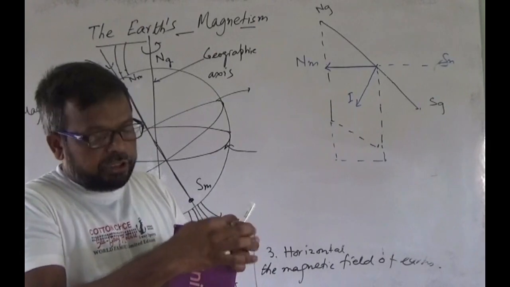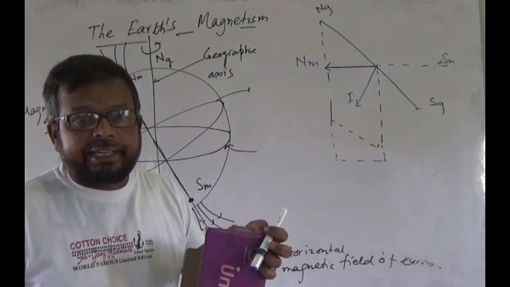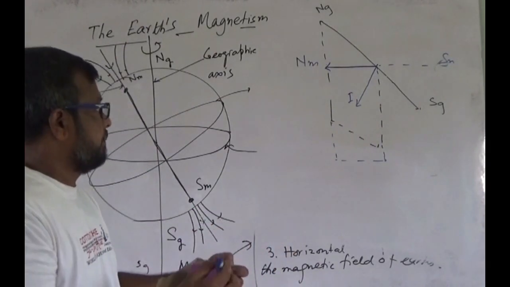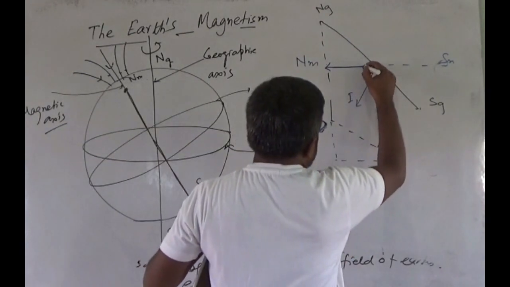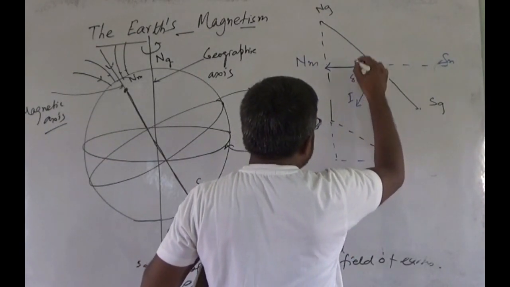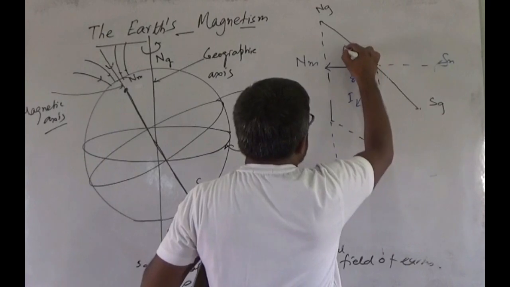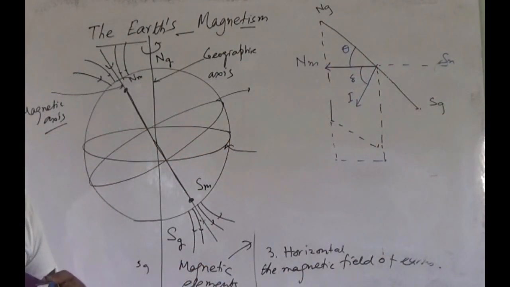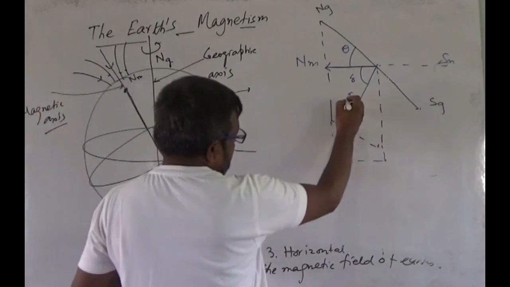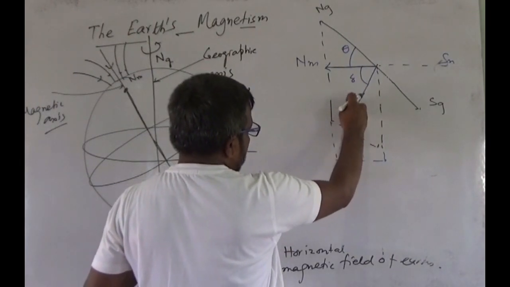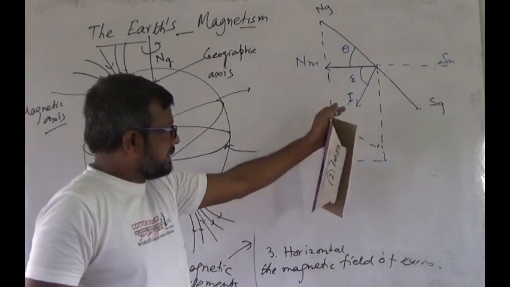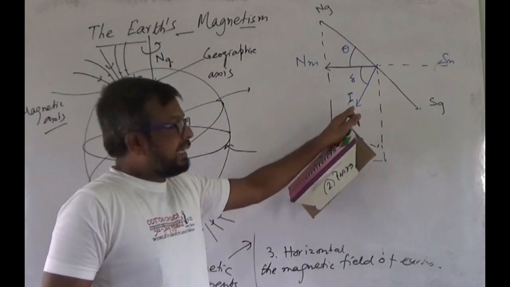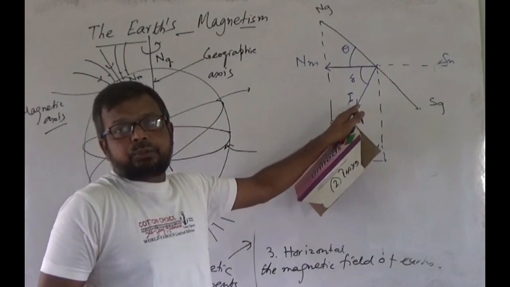The angle between these two is called the magnetic inclination. That means this is our magnetic inclination and this is our magnetic declination. This is I, intensity of the magnetic field due to Earth, and this magnetic field can be divided into two parts.